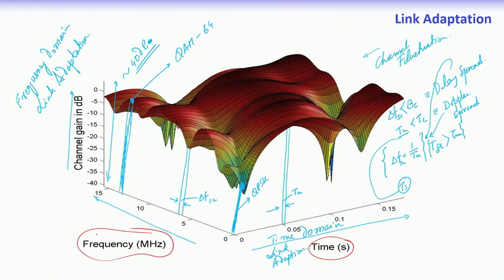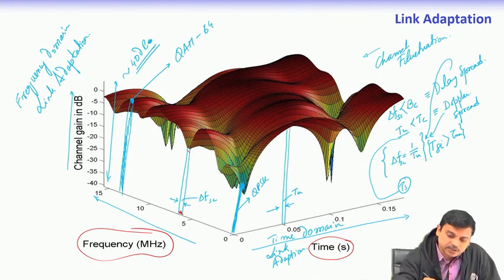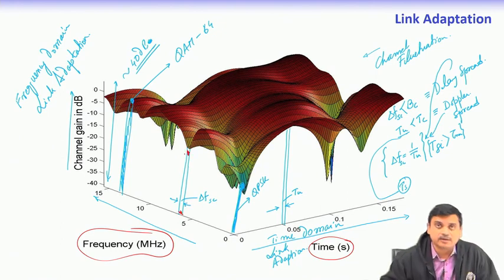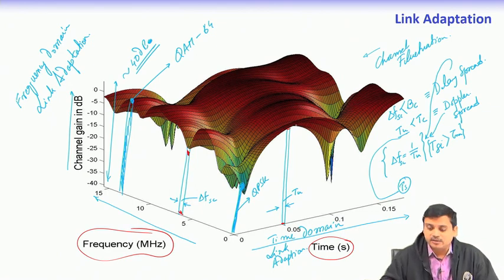In both these directions the signal keeps on fluctuating, and we had discussed through this particular diagram that the subcarrier spacing has to be maintained in a manner that it experiences flat fading for every subcarrier, and that in the time domain the time has to be decided in a manner that it experiences a near constant channel. That means, each subcarrier width and the corresponding symbol duration, this is Tu.